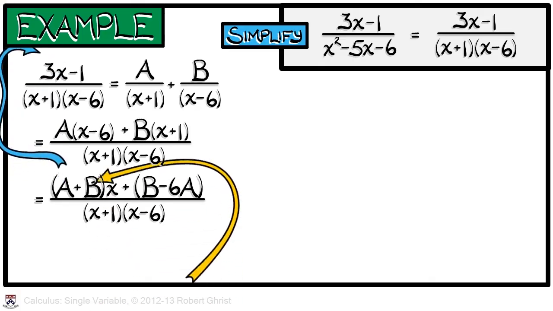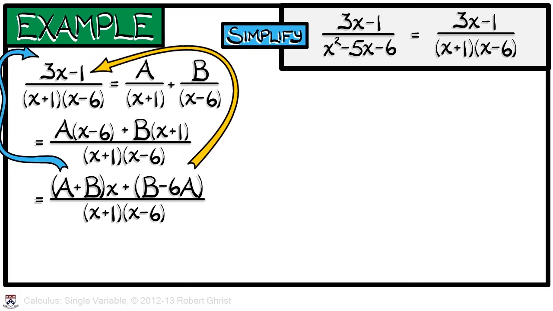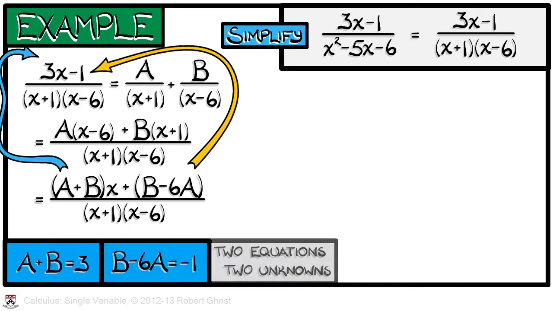Now, these must match up with the coefficients of the numerator, 3x − 1. If we have two polynomials that are the same, then all of their coefficients must match up. And so we see we are reduced to two equations in two unknowns, namely A + B = 3 and B − 6A = −1.